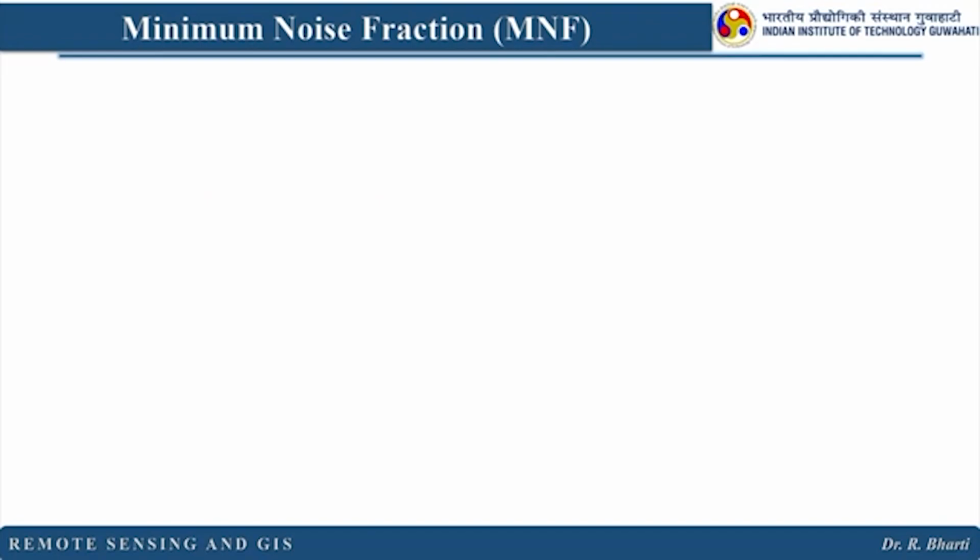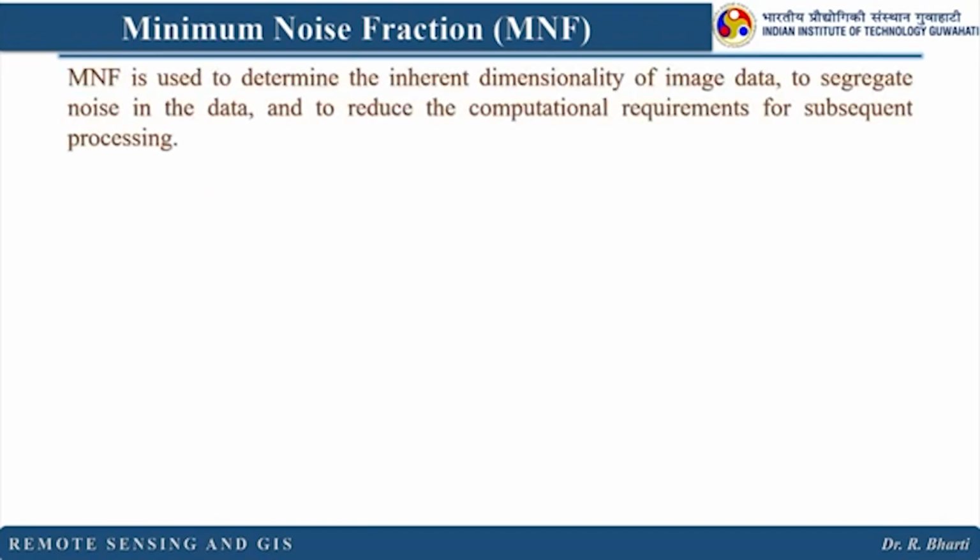Let's start with MNF. So MNF is used to determine the inherent dimensionality of image data, to segregate noise in the data and to reduce the computational requirement for subsequent processing. Because if you remember the multispectral classification technique like minimum distance to mean, there we had only 4 bands.